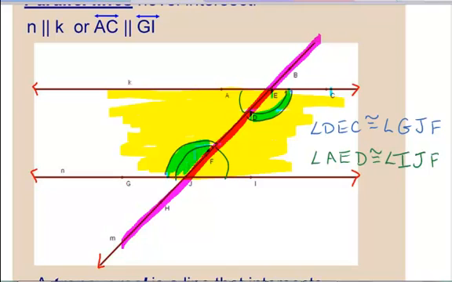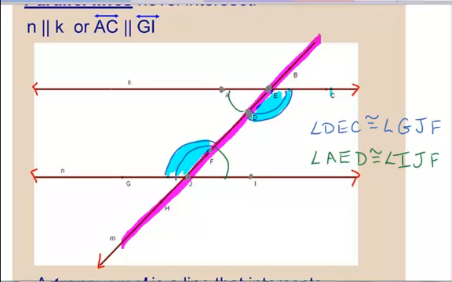And they're congruent to each other because they're on alternate sides of the transversal and interior to the two parallel lines. Then we have angle AED, with point A, point E, and point D. This angle AED is congruent to angle IJF, and here's point I, here's point J, and here's point F. Those two angles are congruent because they're also alternate interior angles.